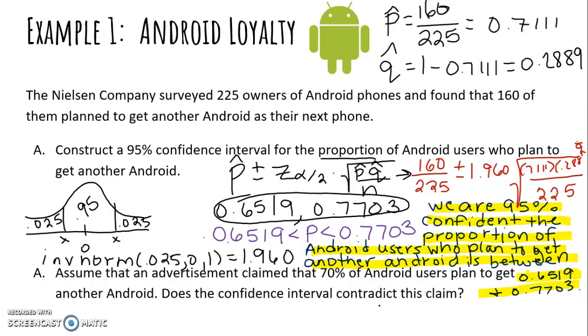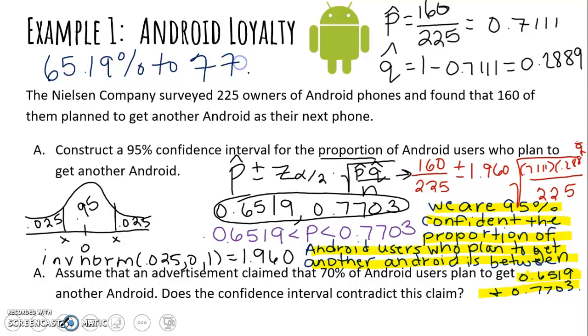Well, let's see. First off, we found it in proportion form, but we can convert these to percentages if we wanted. This is really 65.19% to 77.03%.